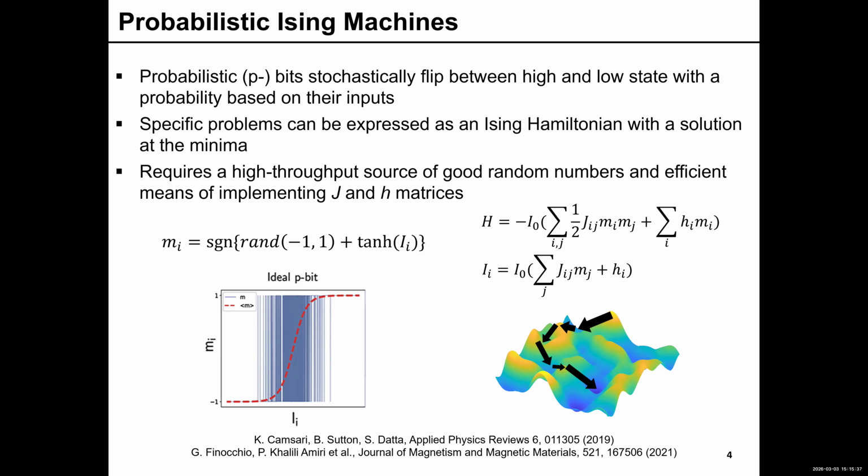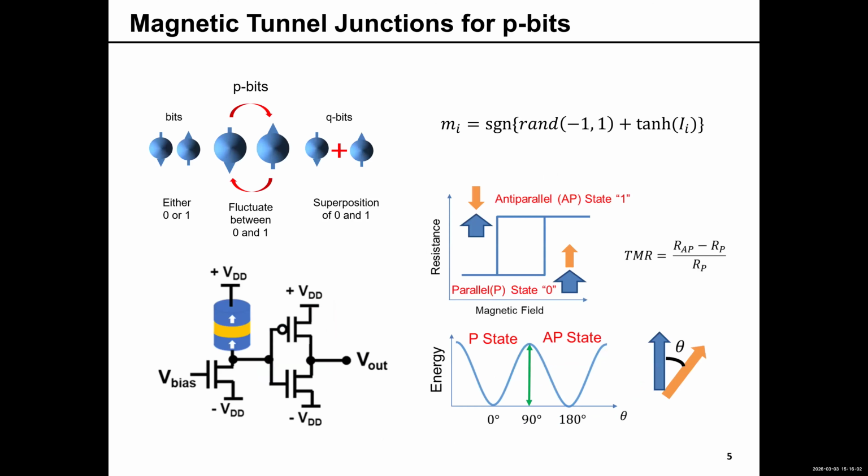So by defining these J and H matrices, we essentially define an energy landscape. And then the hope is that we let this evolve either by itself or more likely with some sort of annealing algorithm where we find the energy minimum. And if we've defined this energy landscape correctly, that energy minimum will correspond to the solution of our computing problem.